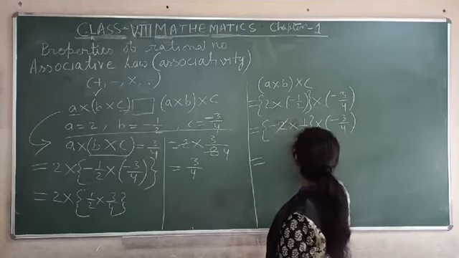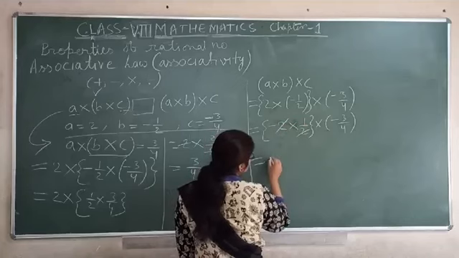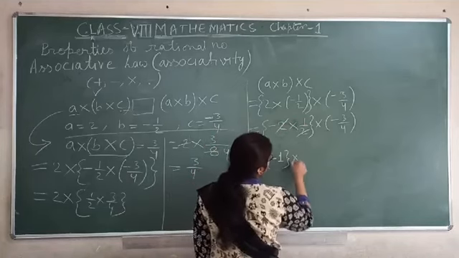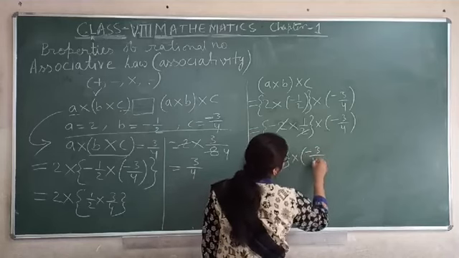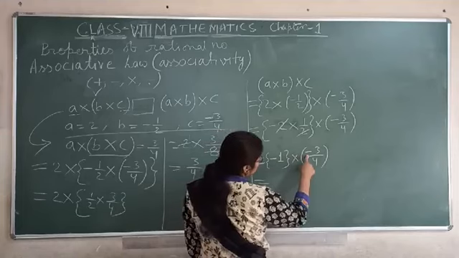So this 2 cancels out. What you have is minus 1 into minus 3/4. This is negative and this one also negative.